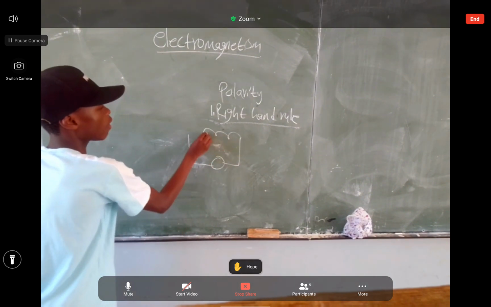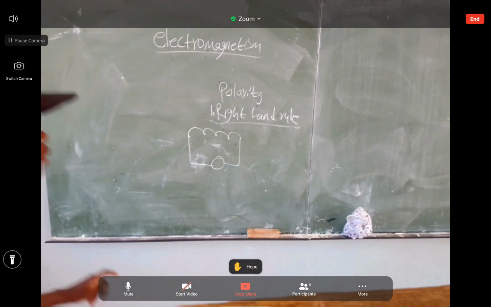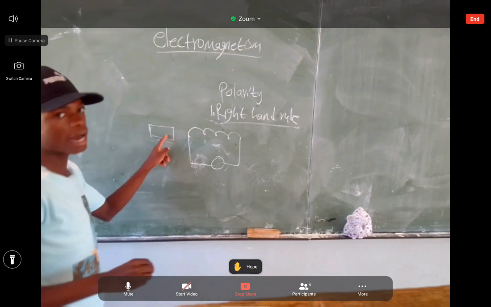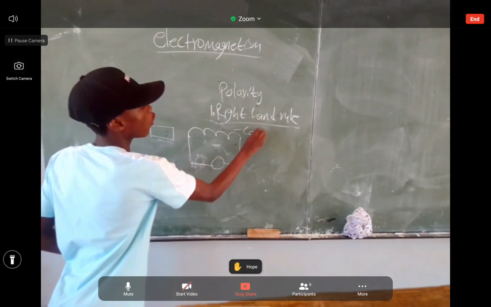This is our solenoid. This is the bar magnet approaching your coil.